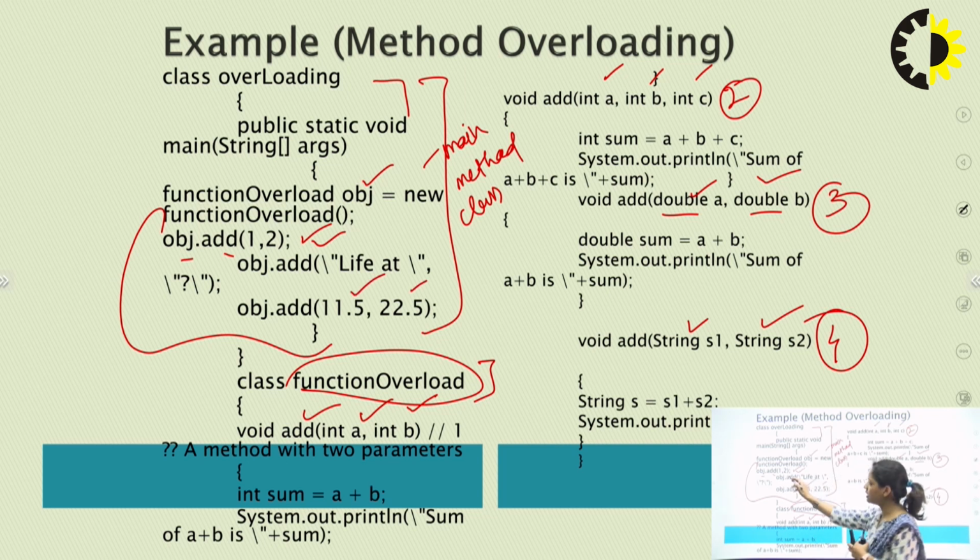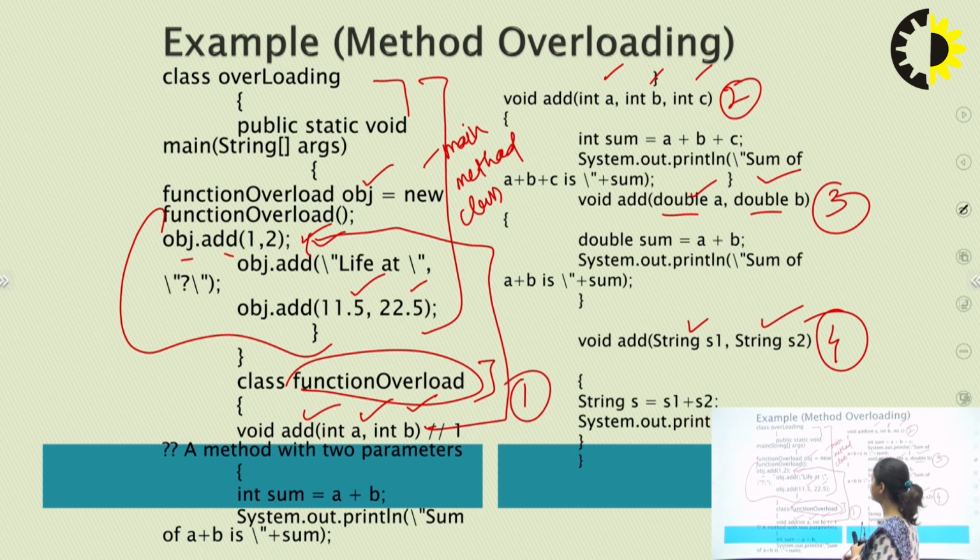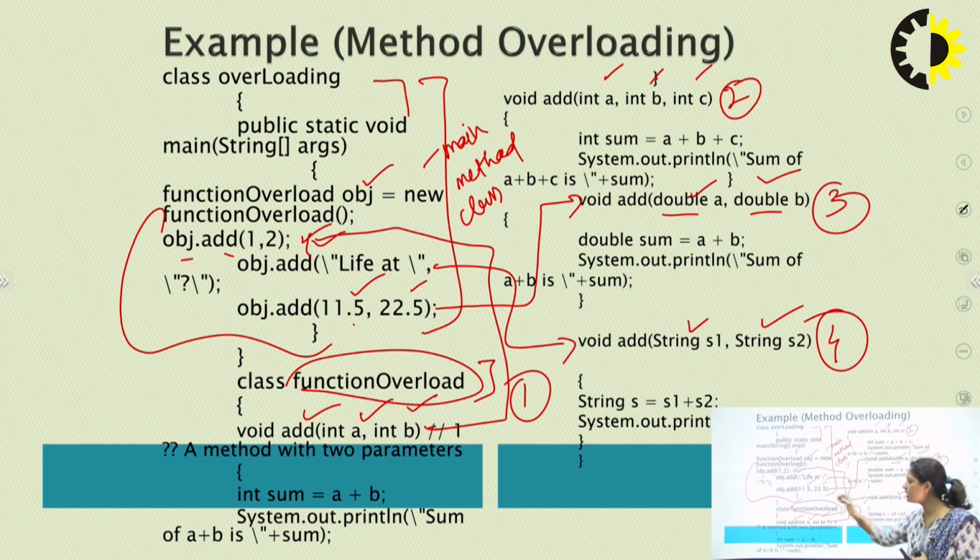So when this call is made, the reference for the first call will be to the first add method, and another call will be for the string method, that is the fourth. The call of add 11.5 and 22.5 is for the double one, as it supports double values or maybe integers also. So it will be double, as we are having a fractional value over here. For integers we are not having any fractional value, so it will call the first one.